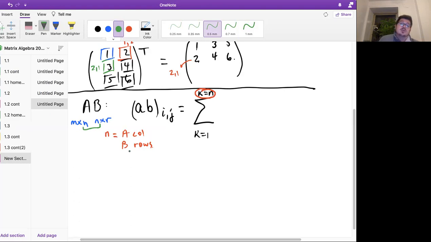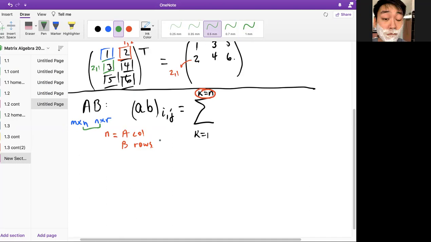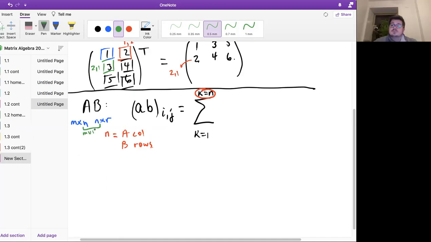Can someone remind me what the dimension of the product is? When you do the multiplication, what's the dimension of the product? Yes, it is n times r. So that's the dimension of the product.